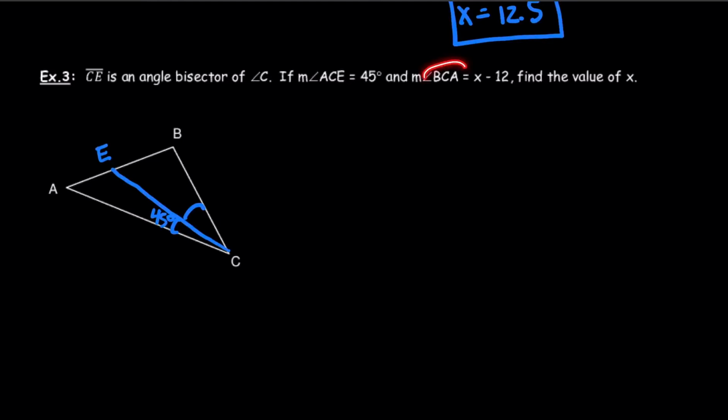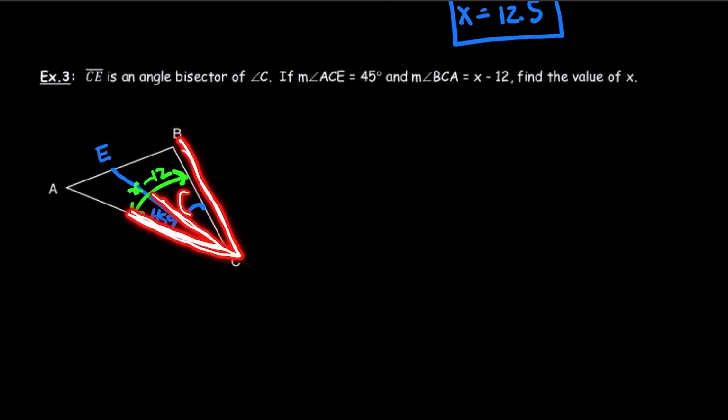Measure of angle BCA. So BCA is the whole angle. So what I'm going to do again is make a big arc like this. I'll do it in a different color. So from here to here is going to be x minus 12. Again, I'm hoping you understand that this angle here, which is 45 degrees, is not the same as this angle here, which is my x minus 12.